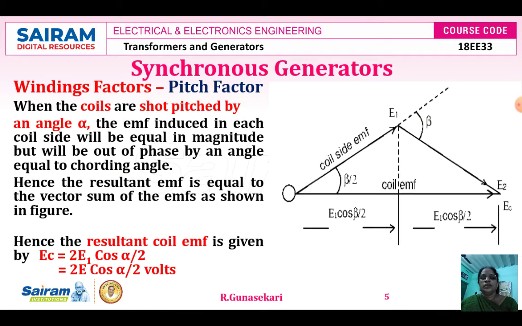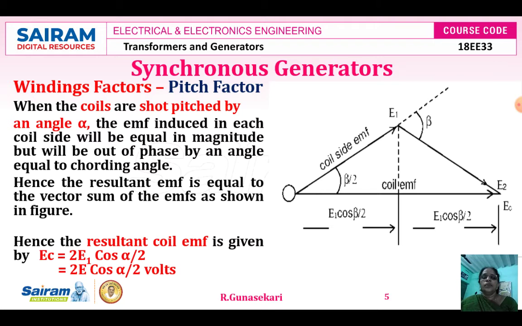Suppose the coil is short pitched. You see E1 cos alpha by 2, and E2 cos alpha by 2. So the resultant coil EMF is equal to 2E1 cos alpha by 2, where E1 equals E, so therefore 2E cos alpha by 2.